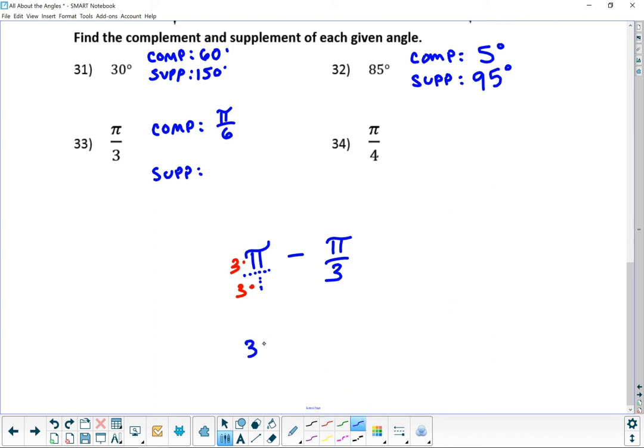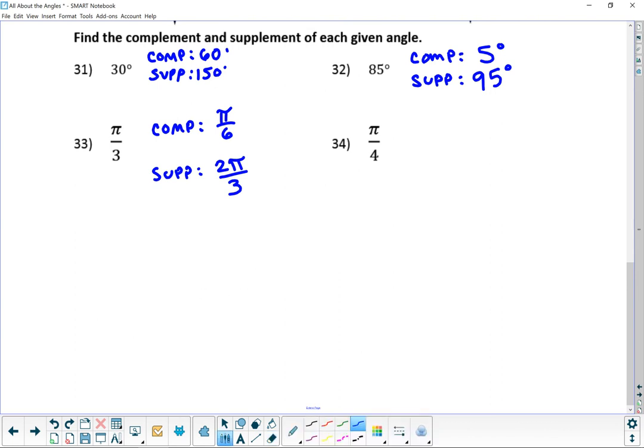I will have 3 pi over 3 minus 1 pi over 3. I don't need to write the 1, but you can if you want. 3 pi minus 1 pi is 2 pi, so 2 pi over 3.